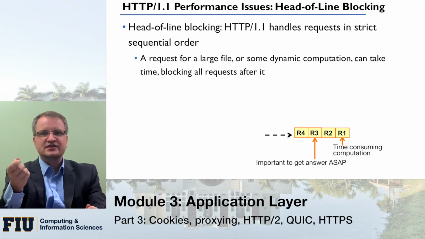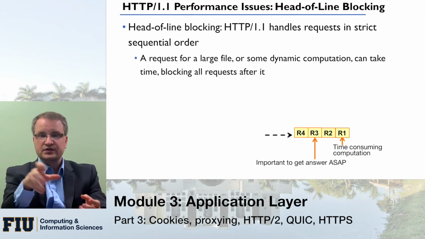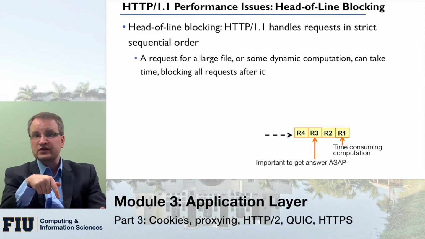So let us remember the pipelining mechanism. In pipelining, you issue multiple requests, and you are simply waiting for all these requested objects to come in one by one. So, for example, if you requested a few small things, one big thing, then again a few small things, you're going to get the first few small things fast because they're small.